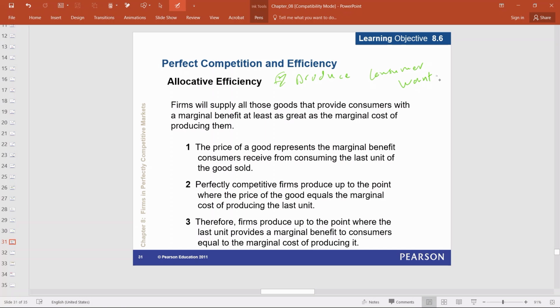So you allocate resources to produce production where this production fulfills the benefits of the consumers.